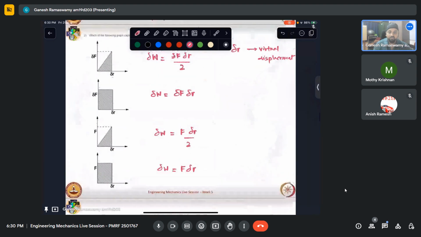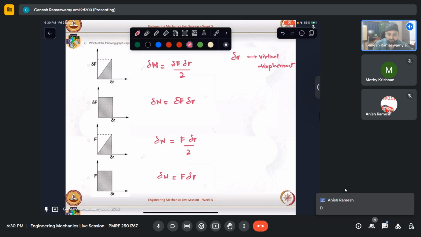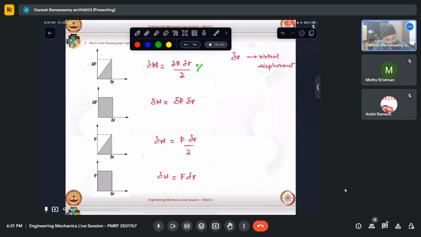Now D, yes, exactly. So we'll just quickly see why that is. See, here what we are saying is virtual work is caused by virtual displacement is caused by virtual force, which we said was not the case. We will be giving a virtual displacement by some external agency, which is out of our analysis. So these two certainly cannot be coming together.